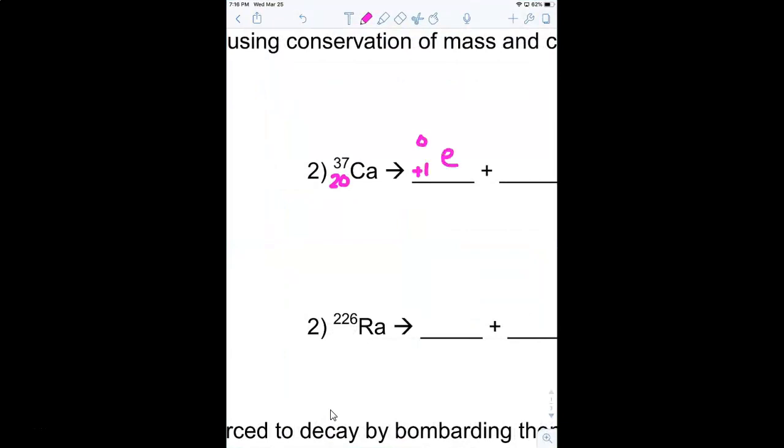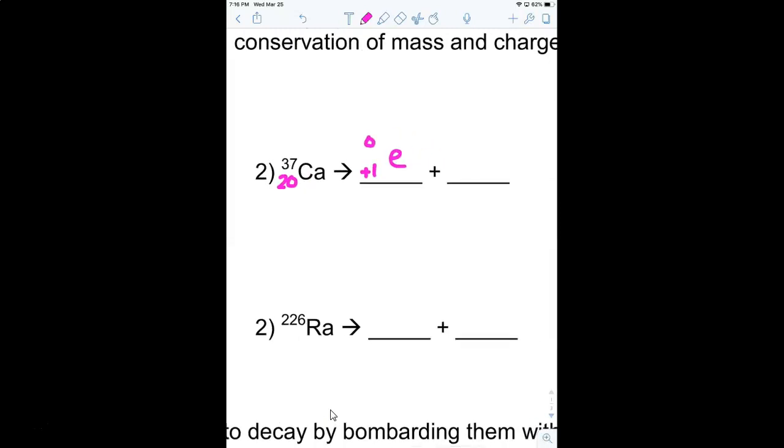Now how do I figure out what's missing? My top numbers have to add to 37, and my bottom numbers have to add up to 20, because this side is 37 and 20. If the positron weighs 0, then this whole thing has to weigh 37.